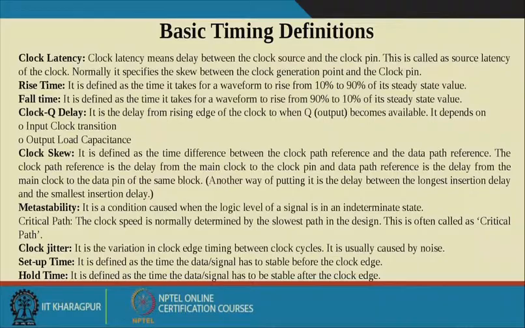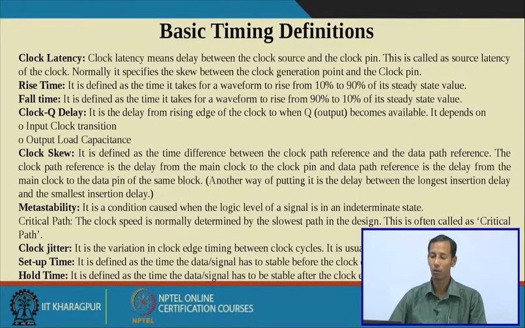Then clock skew. What is clock skew? It is defined as the time difference between the clock path reference and the data path reference. The clock path reference is the delay from the main clock to the clock pin, and the data path reference is the delay from the main clock to the data pin of the same block.